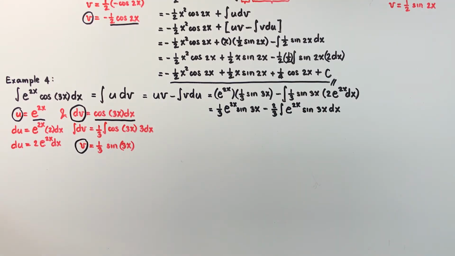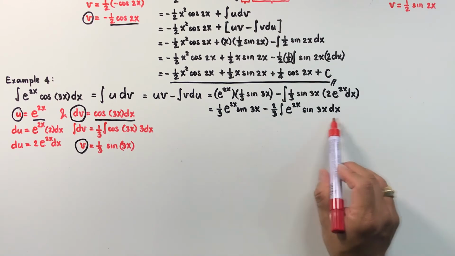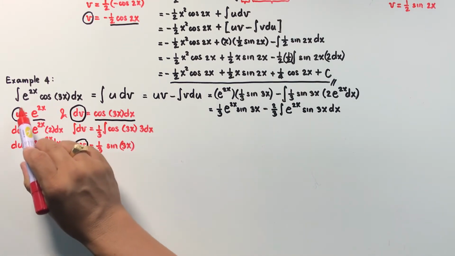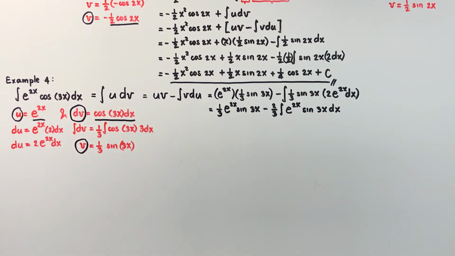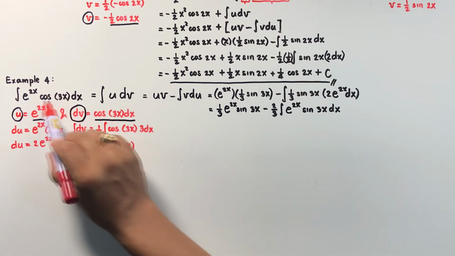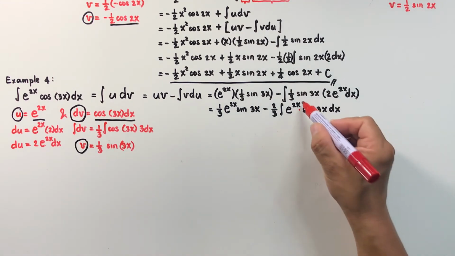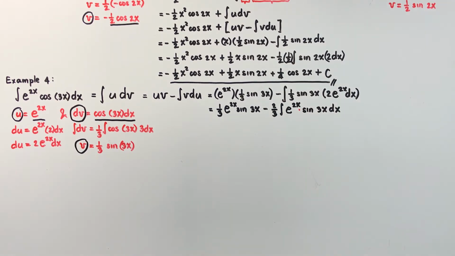And you notice that our integrand is almost the same as our original integrand, but the only difference is that this is sine 3x, but here it is cosine 3x. So again, because this is a product of an exponential and a trigonometric function, we might apply integration by parts for the second time.